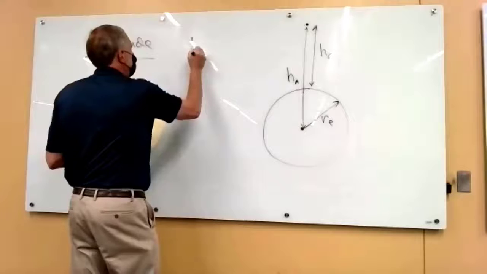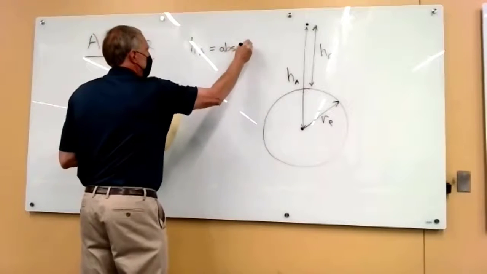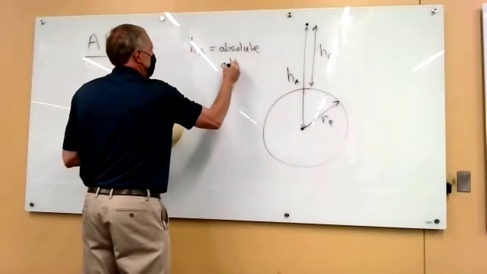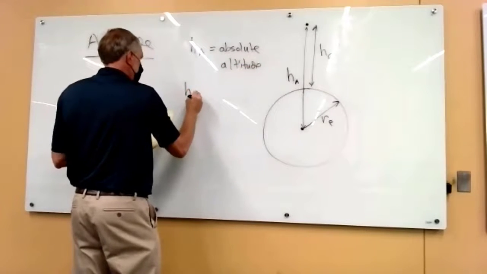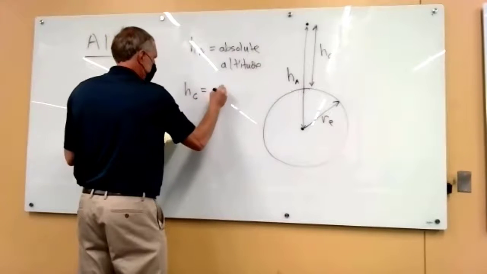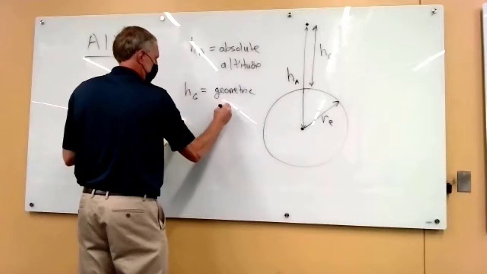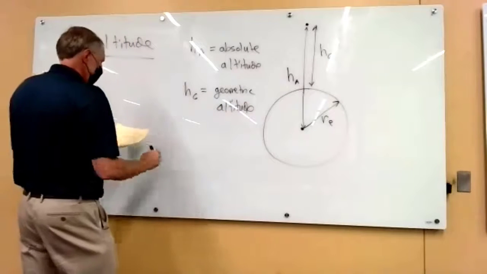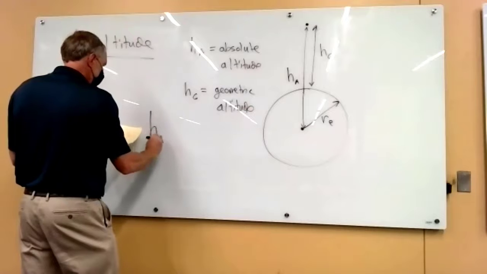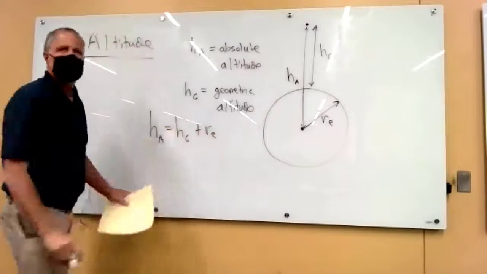So HA is absolute altitude, and HG is geometric altitude. And of course, the absolute altitude is going to be the geometric plus the radius of the Earth.